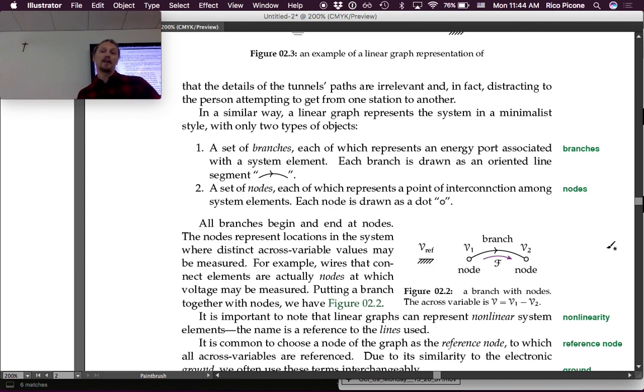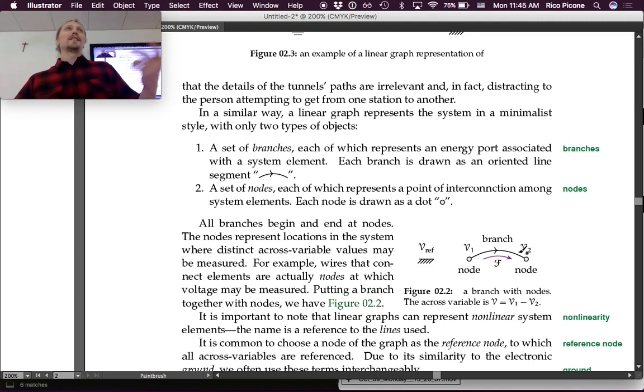Force, right? So it would be force. The force flows through the spring. And the two nodes represent the two ends of the spring, okay? And each one would have a velocity, or just a generalized across variable. It could be a voltage, if it's a circuit element, or whatever. So V1 minus V2 is the across variable for this element, for this branch.